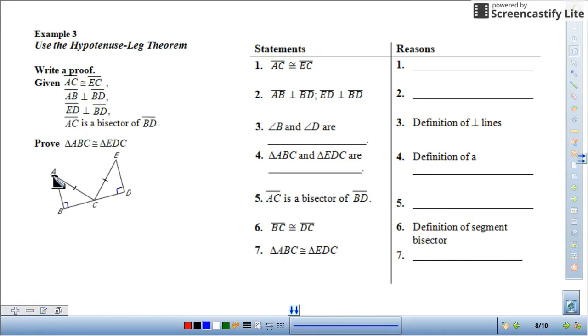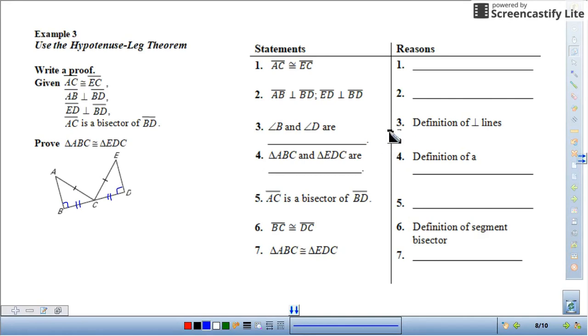So if we have AC being a bisector of BD, well, segment bisector means that it's going to split our segment into two congruent segments. So we know that this would have to be congruent to this. If we take a look at those givens, that's going to give us a lot of information and really help us get off to a great start for our proof.